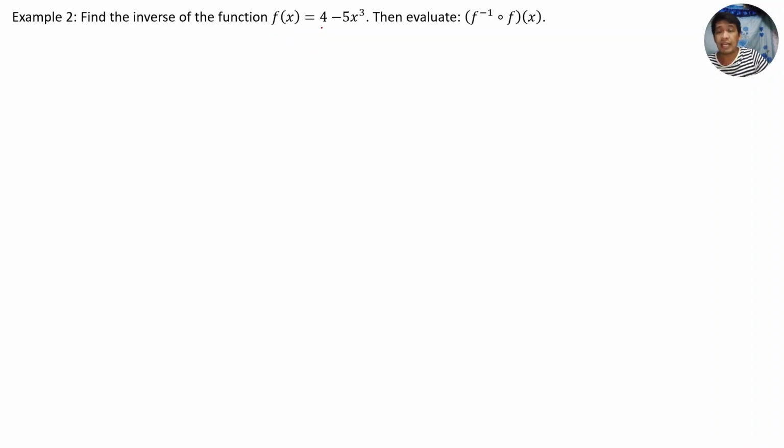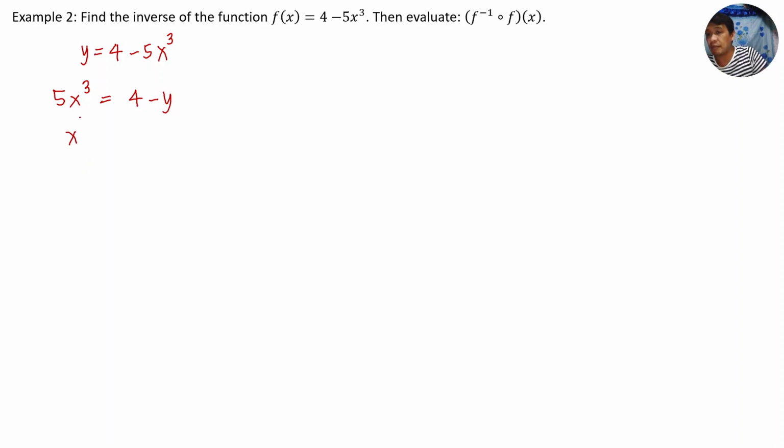So for f of x is equal to 4 minus 5x cubed, let us try to find the inverse of that function. Again, step 1, replace f of x with y. Again, by transposing that negative 5x cubed on the left side, this becomes 5x cubed, this is 4 minus y by transposing y on the right side of the equation.